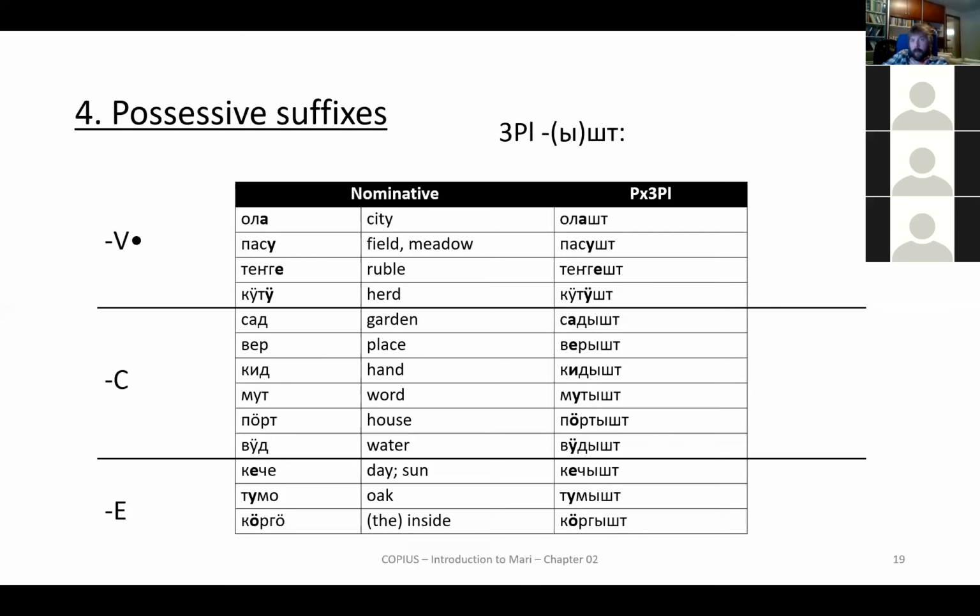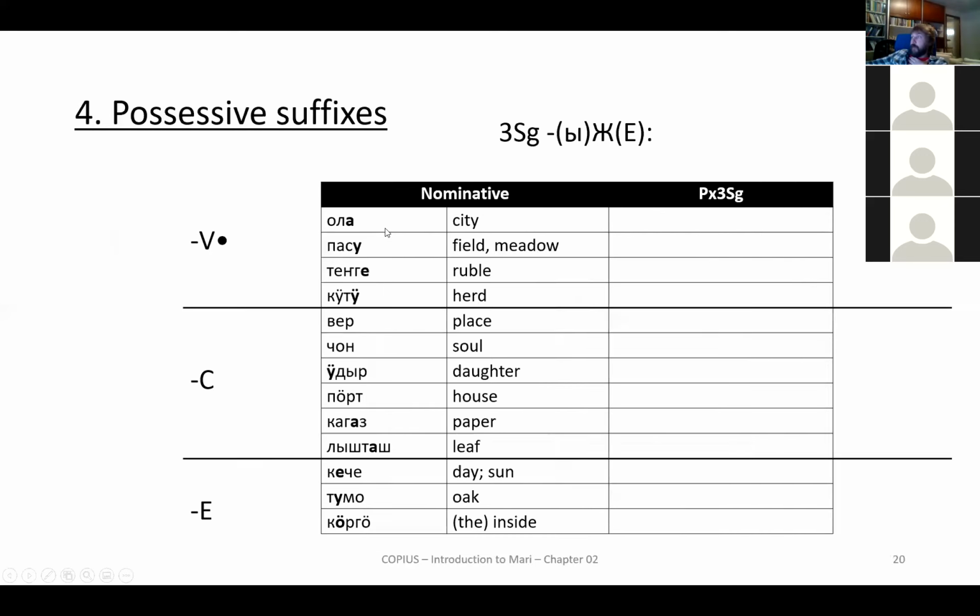Half the time you spend on creating a morphological generator for Mari is spent on the possessive suffix third person singular. This is not to say that it is very bad. It's just difficult by Mari standards, which is still not very difficult. So we have here the alternation between e or ö, and an alternation between je and sh.